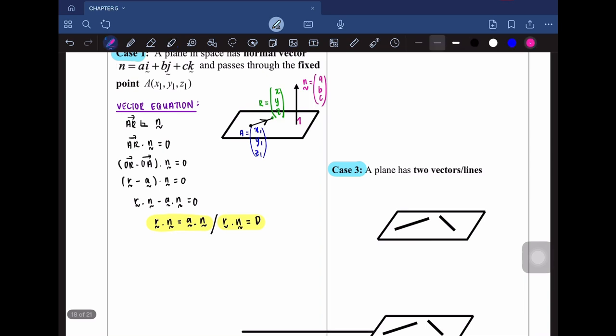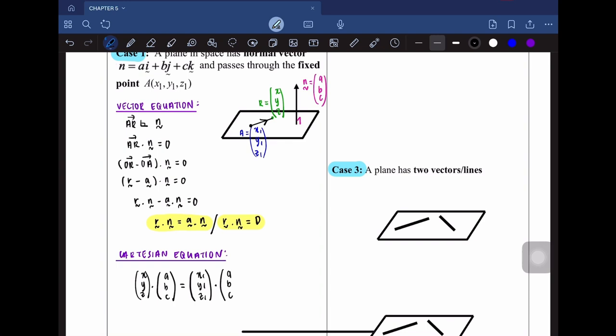Now let's together derive the Cartesian equation for our plane. Same as the equation of a line, we change our equation into column vectors. For r we have coordinates x, y and z, and for n we have a, b and c, equal to the coordinates of the fixed point x1, y1, z1, dotted again with the normal vector a, b and c.